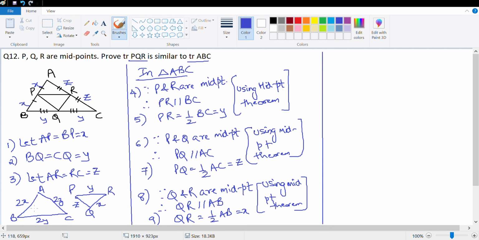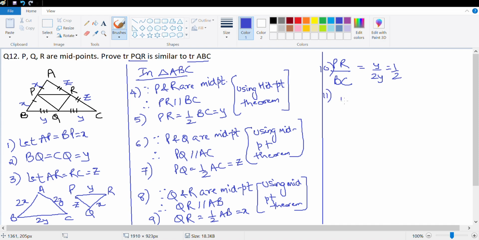I notice that they are in the right ratio, which means ABC is exactly the double of PQR. Right? So let's try. PR upon BC is equal to Y upon 2Y is equal to 1 upon 2. That's point number 10. They are corresponding sides.